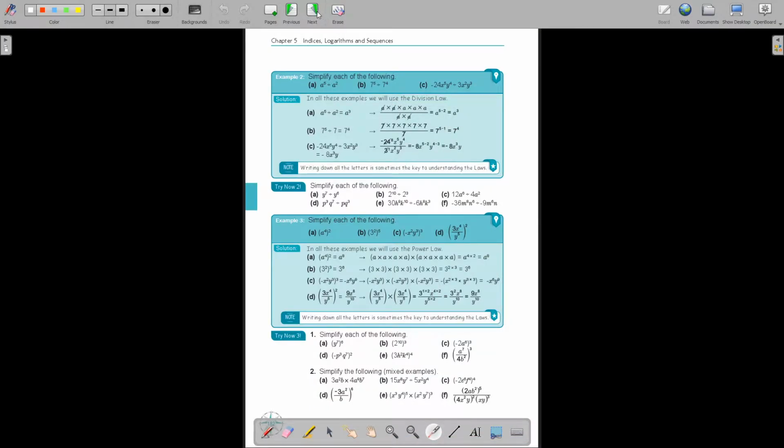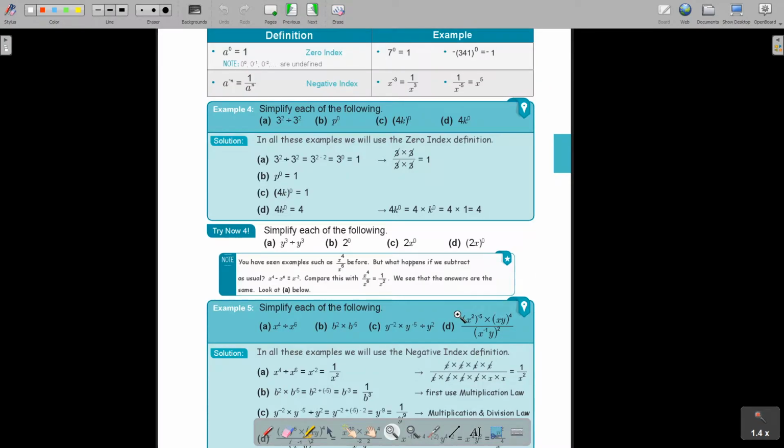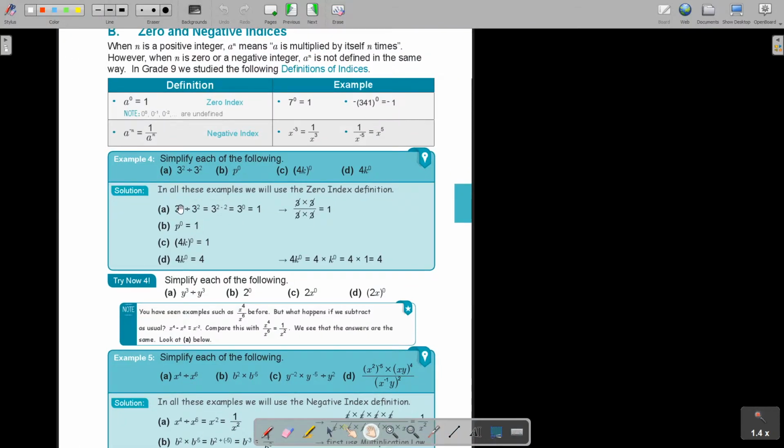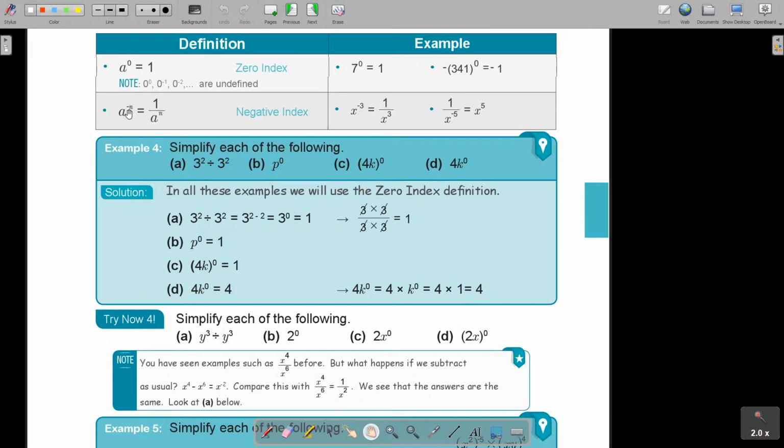Then it's just a few practice questions, but first I want to remind you: anything to the power of 0 is equal to 1. And if you have a negative index and you want to make it positive, don't forget it's over 1.